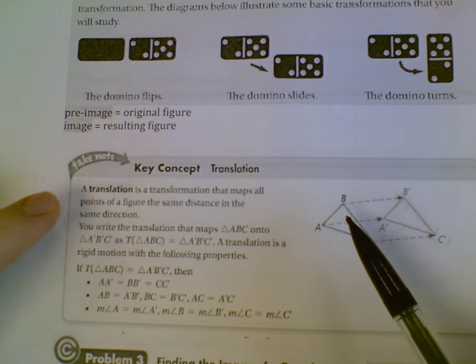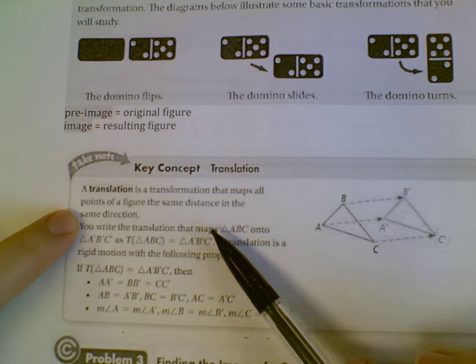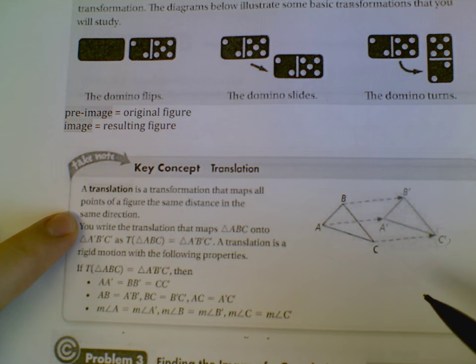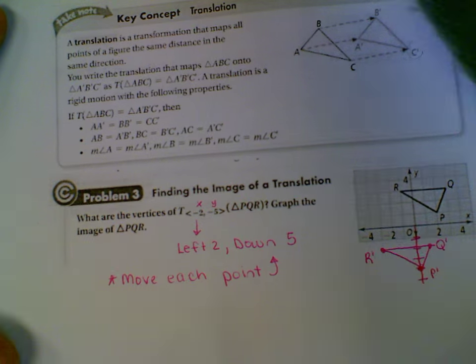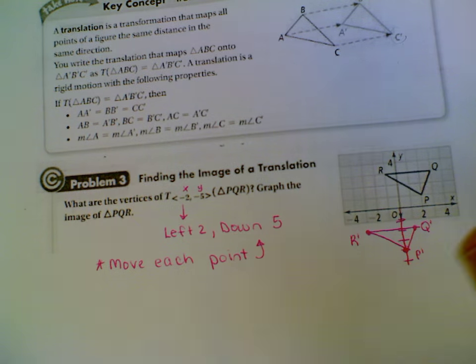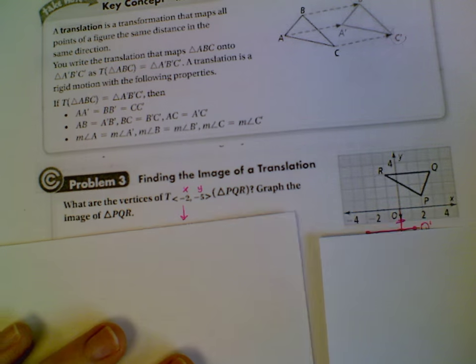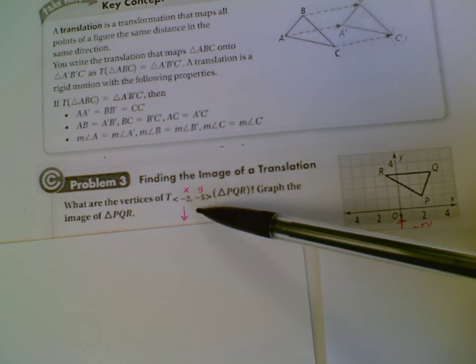So we're going to do a translation where it's just going to be mapping all of the points of the figure the same distance in the same direction. So let's look at this first problem. Here is my triangle where I have R, P, and Q. It's wanting me to graph this image using this translation.